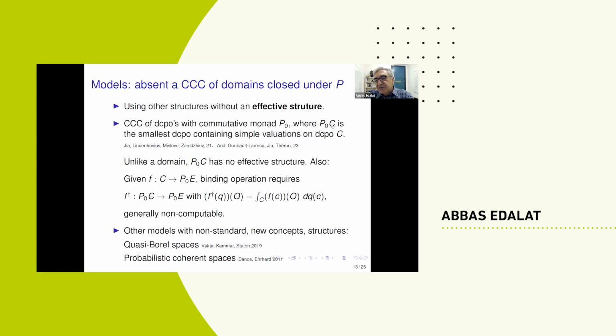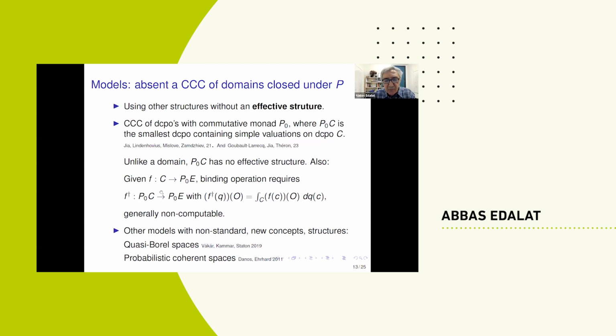So if C is a DCPO, then P0C, the so-called minimal valuations, is the smallest DCPO containing simple valuations on the DCPO C. So unlike a domain, P0C has no effective structure.